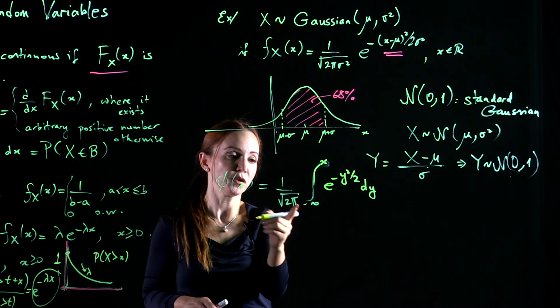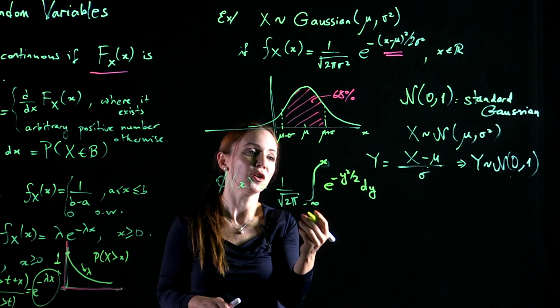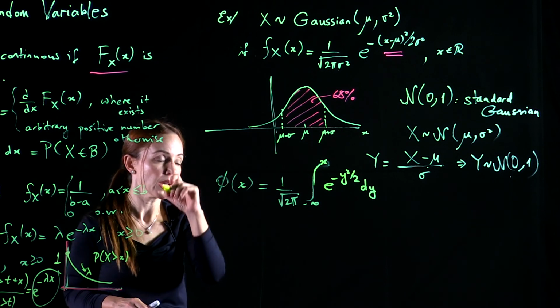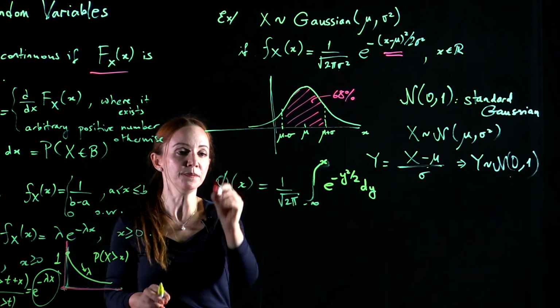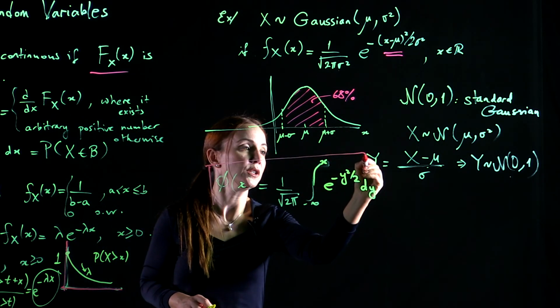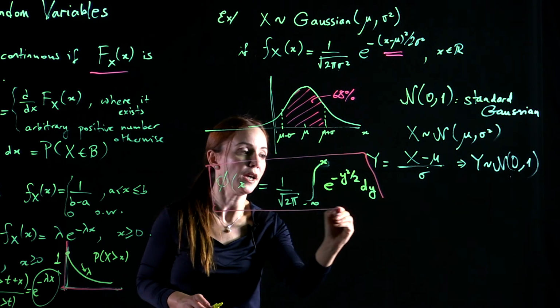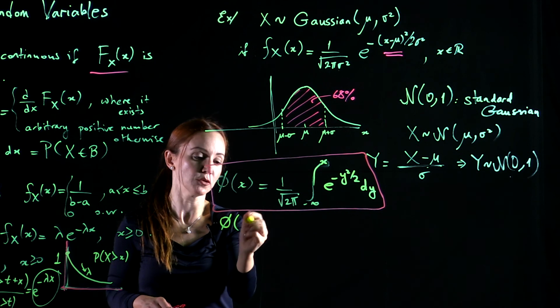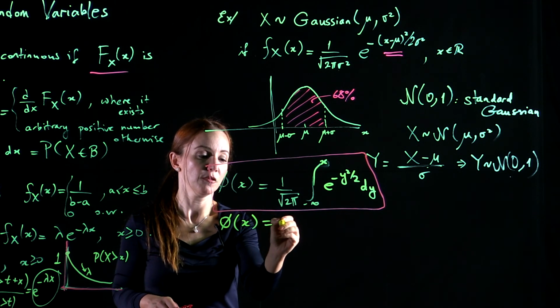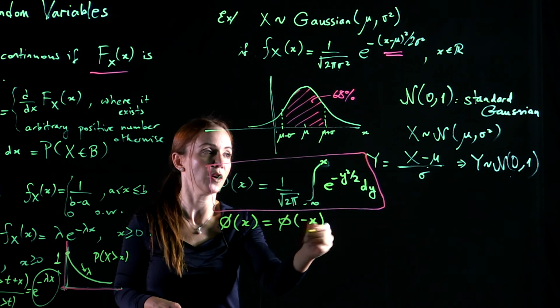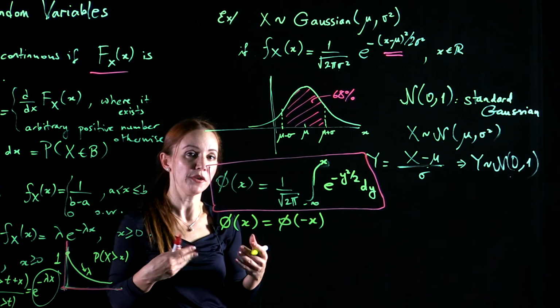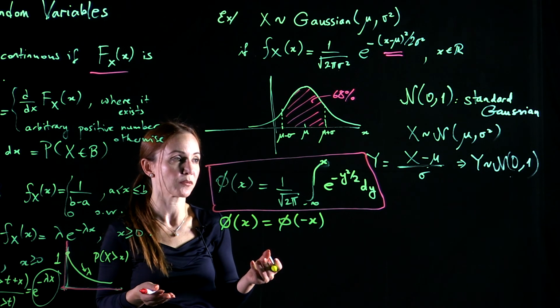And if you were to integrate from minus infinity to infinity, obviously you will find 1. Now this function, the Gaussian CDF, is symmetric around 0. Phi of x is the same as phi of minus x. And the symmetry comes in very handy in computations.